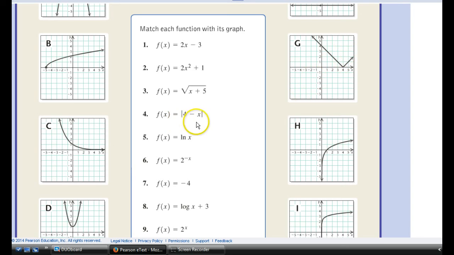So there's only one with absolute value. Okay. And notice it's a -x. Sort of switches this around here. So this one happens to be at a 4. So G is 4.